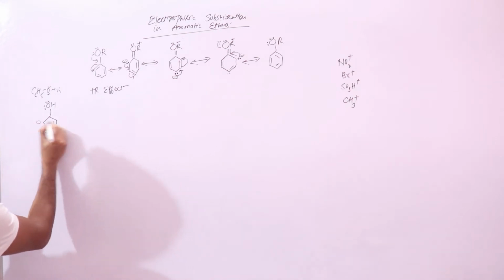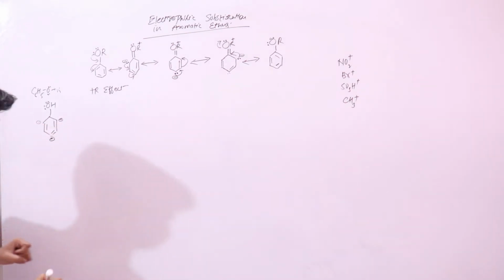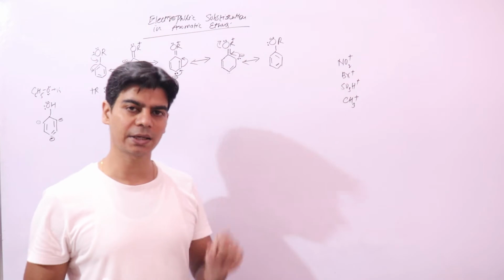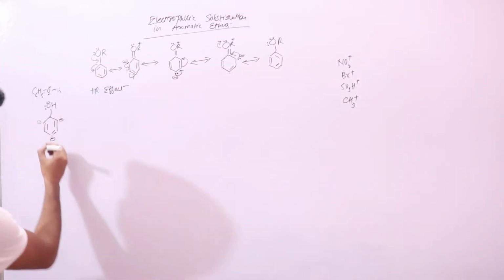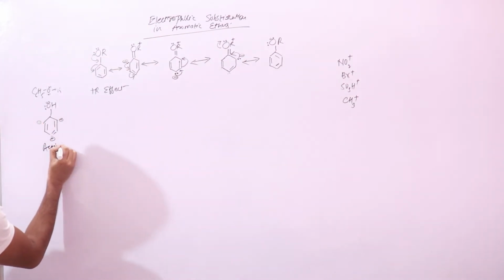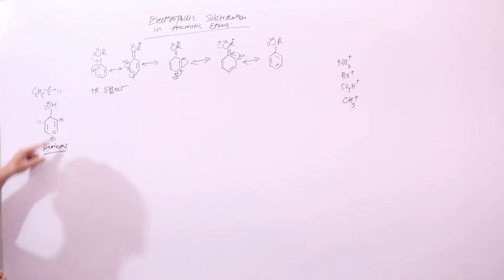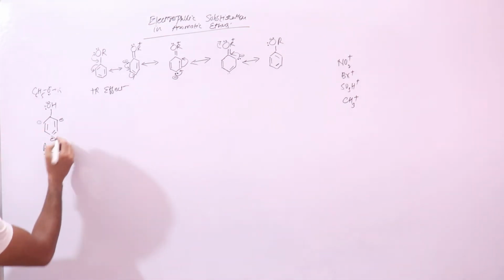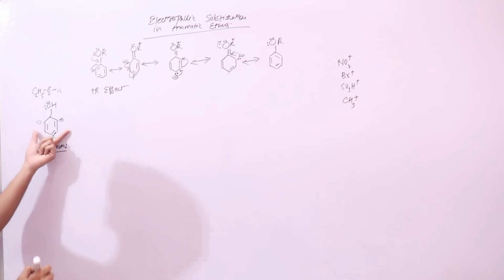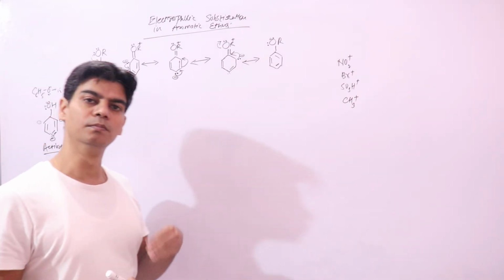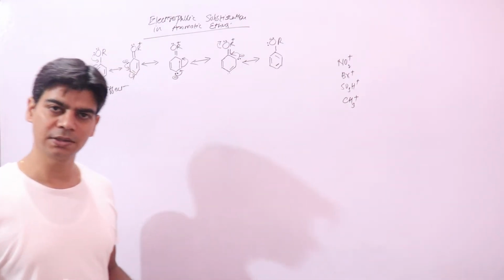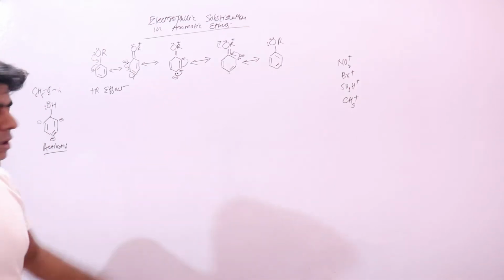When we say it's creating sites of high electron density, we say that the ring is getting activated by this electron push inside the nucleus. This plus R effect is more in phenols compared to aromatic ethers.